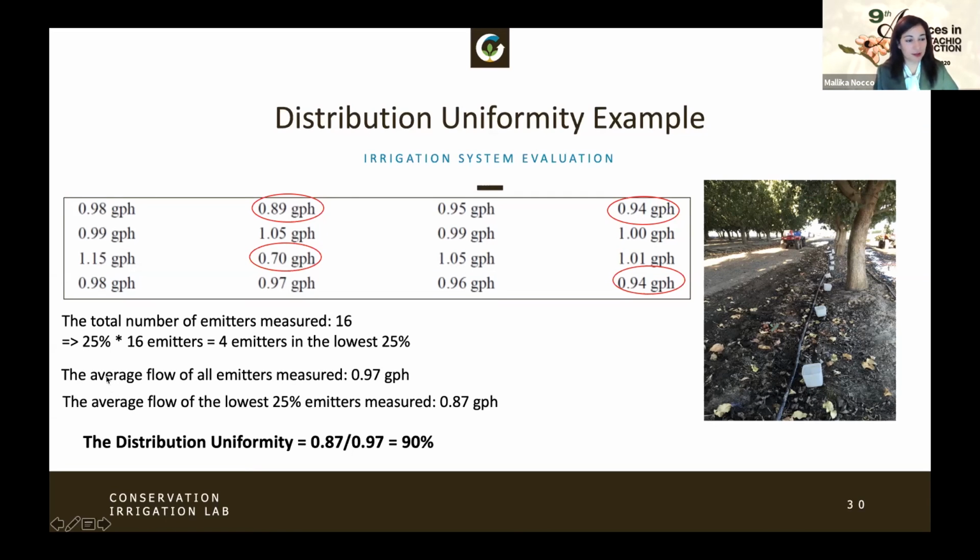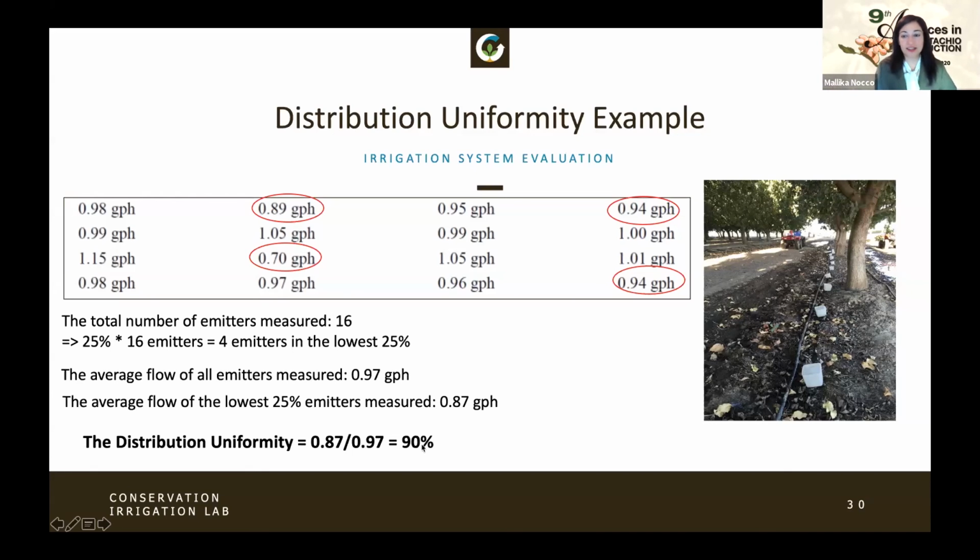Excuse me, of the lowest four emitters, it's going to be 0.87 GPH. And the average flow of all of the emitters, so if we just take the entire grid, that's going to be 0.97 GPH. So to get the distribution uniformity, it's 0.87 over 0.97. And that's actually not terrible. That's pretty good.